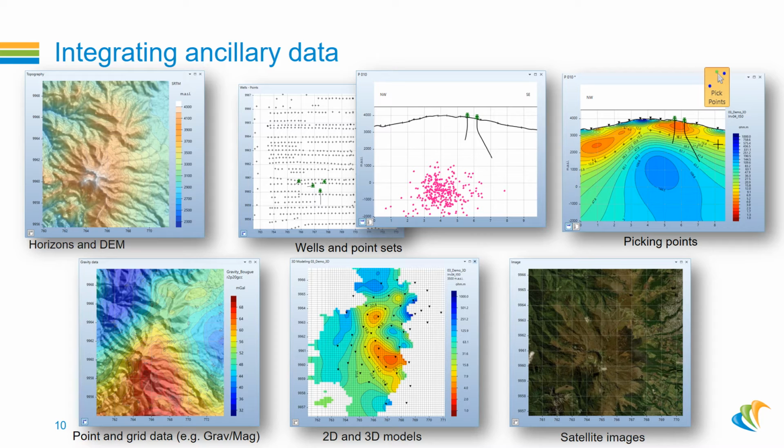Images can be imported as well and can be georeferenced or not and displayed in map or along sections. There are also some other tools available for users, like for example the picking points tool, that allows for the selection of points in map, section, or directly from the 3D modeling module, as we will see in the next slides.